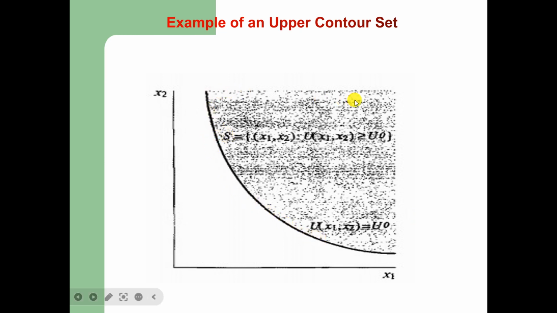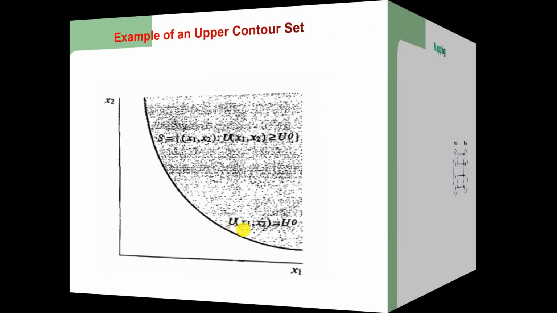And this shaded area above this indifference curve shows basically the upper contour set of this function. So this is how we explain the upper contour set. Similarly, the area below this indifference curve, that is to the southwest, constitutes the lower contour set of this function.